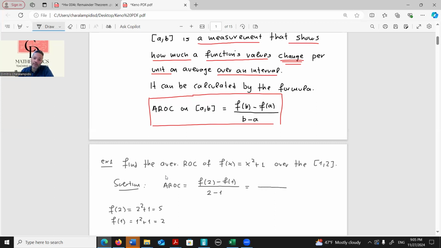So I'll return back to the formula, and I should write 5 minus 2 over 1, which is equal to 3 over 1, which is equal to 3, which means that over this interval from 1 to 2, the function's values change by 3 units per unit of input on average.